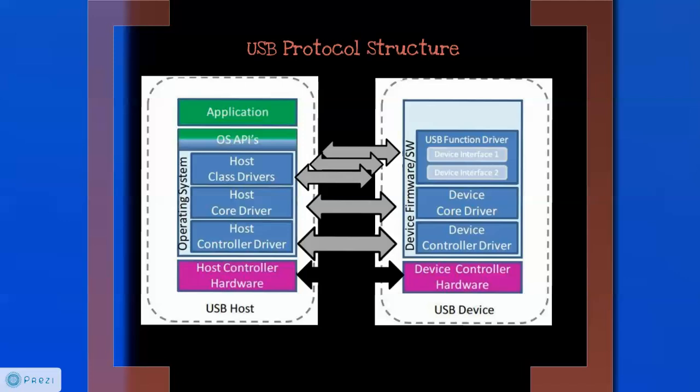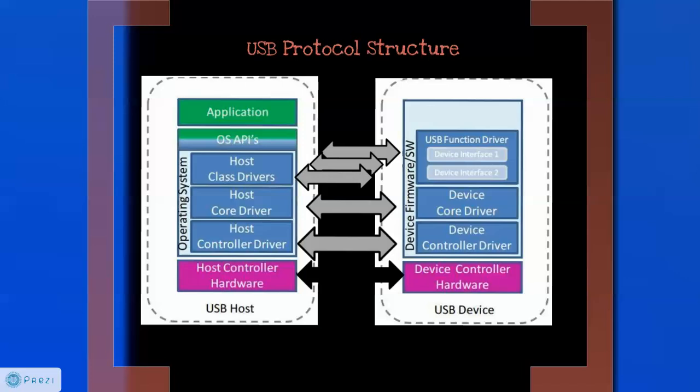The USB host accesses the functionality on the device through the USB function driver. On the USB host, host class drivers are used to communicate with the USB device function drivers. There is typically only a single host class driver for each class of interfaces on USB devices. For example, there are many different devices that are capable of mass storage, and each device has a particular way in which files must be read or written to the device.